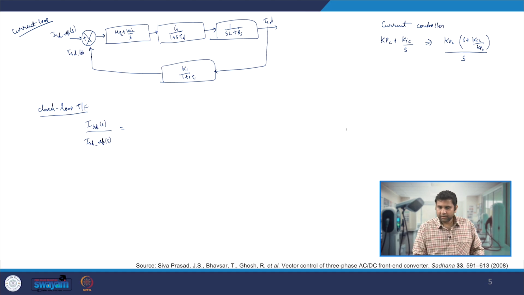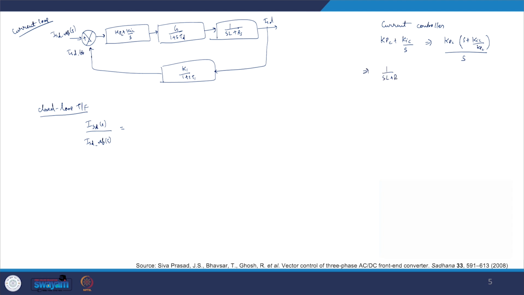This current controller has a 0 at Kic by Kpc, and we can cancel this 0 with the pole of the plant. We can write 1 by SL plus Rs as 1 by L S plus Rs by L, which we can further write as 1 by L divided by S plus 1 by Ts, where Ts is equal to L by Rs.